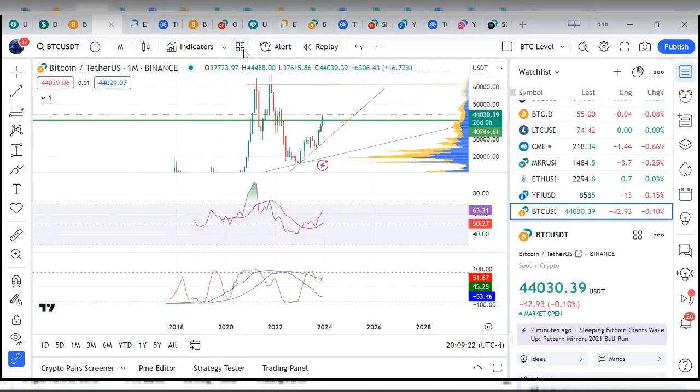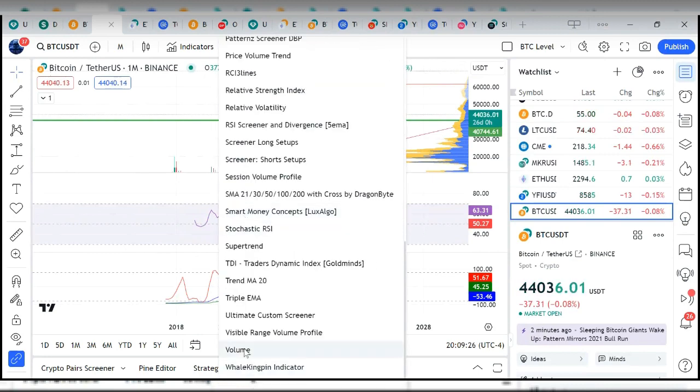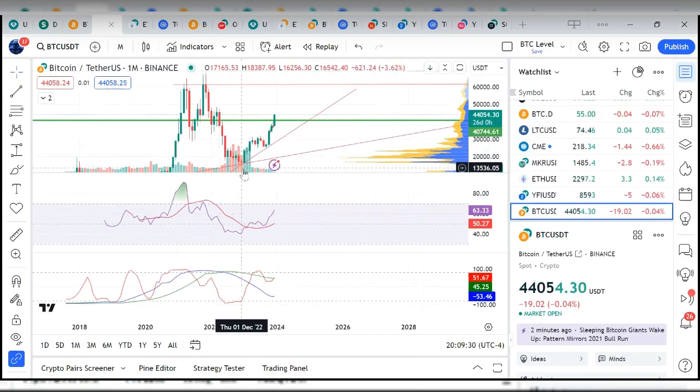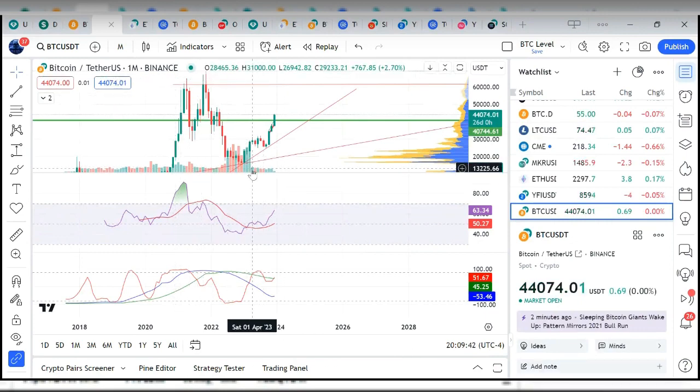If I add a volume indicator to this chart, it shows everybody the volume it had. If you notice here, we're pumping, but the volume is low, and the money coming into the market is very low compared to the beginning. That is how we know the market is being manipulated, because price going up while volume decreases is never good.